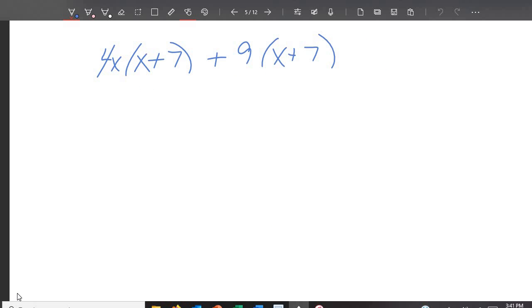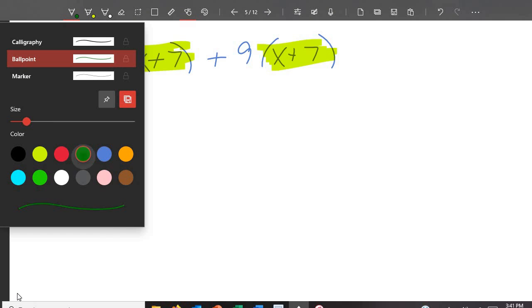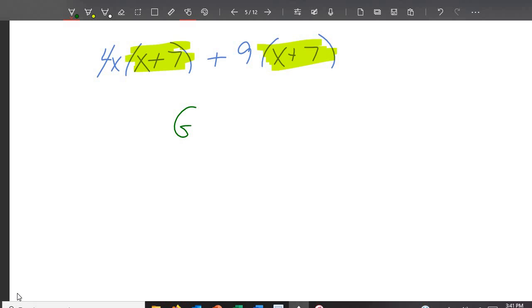Alright, let's look at another one. I'm going to highlight the binomial on both sides. They're exactly the same. Now, they have to be exactly the same. Let's keep that in mind. They have to match exactly. So the GCF is the x plus 7.